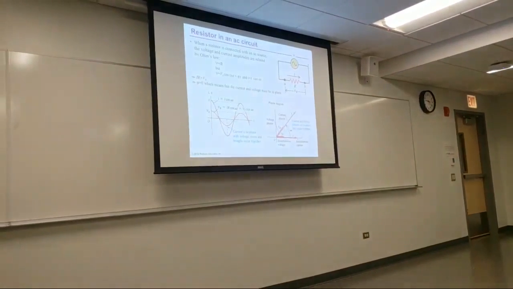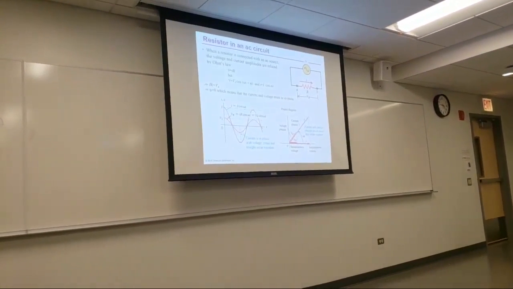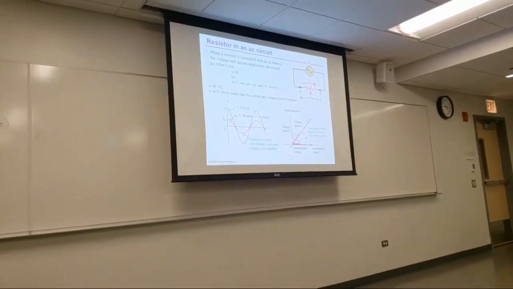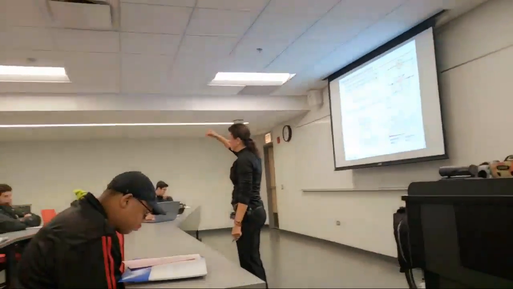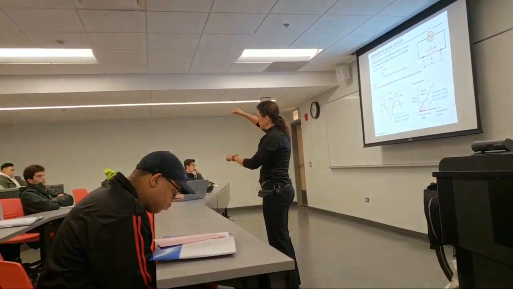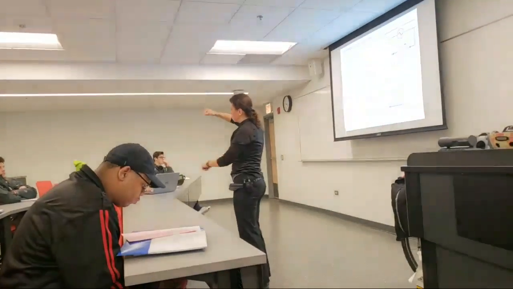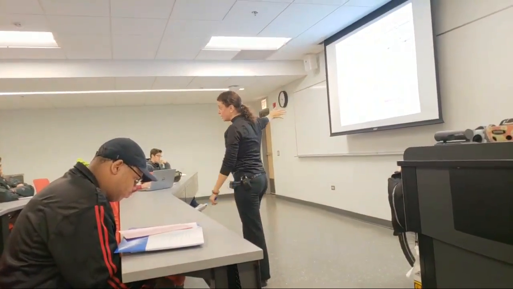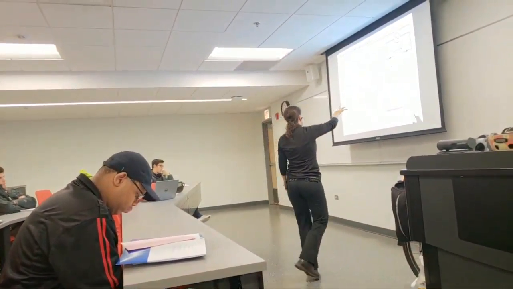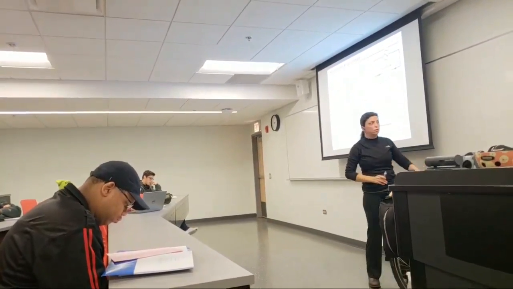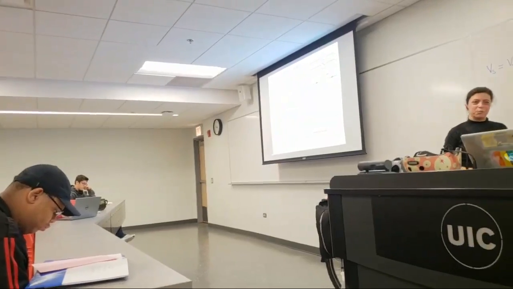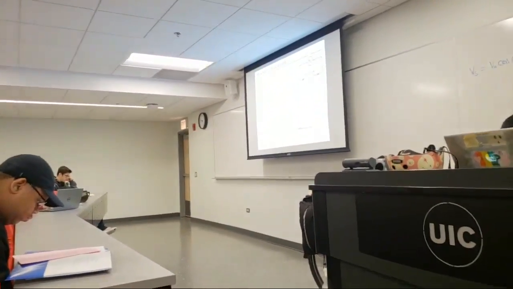So in this case, the voltage that's pushing the current and the current flowing through this circuit are in phase. It's like my hand doing this and the mass doing that. The spring might not be the best way to describe the circuit.